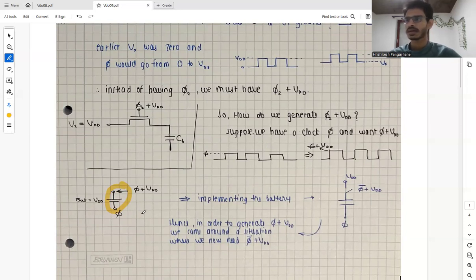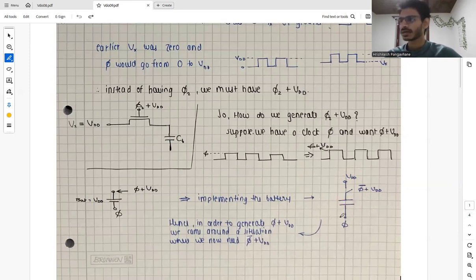In order to generate phi plus VDD, we implement the battery and say a capacitor is as good as a battery when it is charged to VDD. We want the voltage of our battery to be VDD. So if we charge this capacitor to the value of VDD, and we don't draw any current from it, then it is equal to a battery with the value VDD.